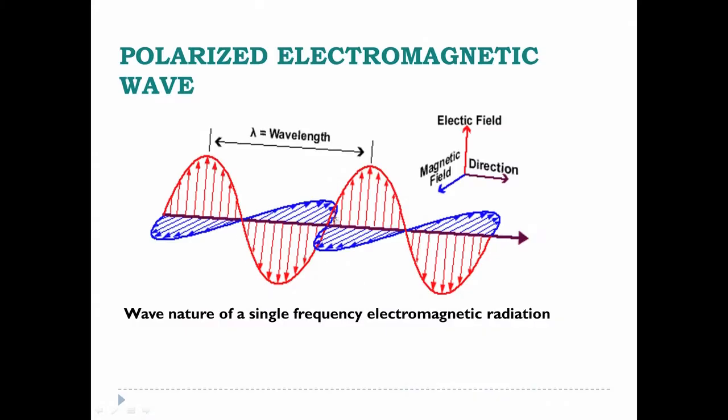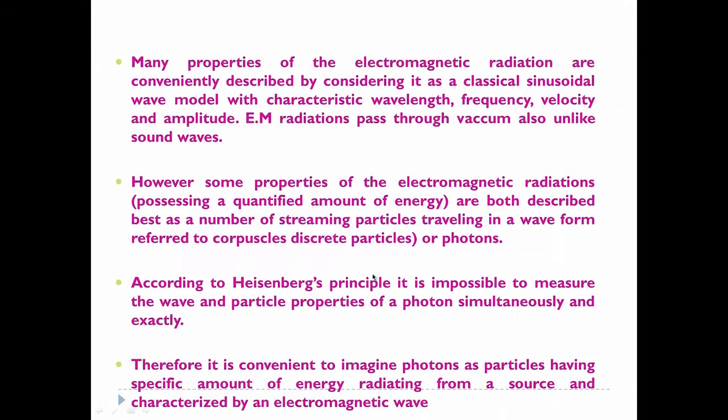These are known as corpuscles, but you can also see that the radiation is in the form of waves. Here in the figure, the blue and red ones are in the form of wave. So, the arrow represents a particle, that is a corpuscle, and the waveform associated with each particle is the electric and magnetic field.